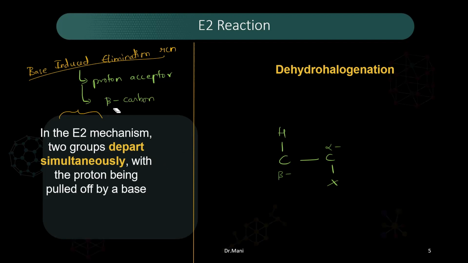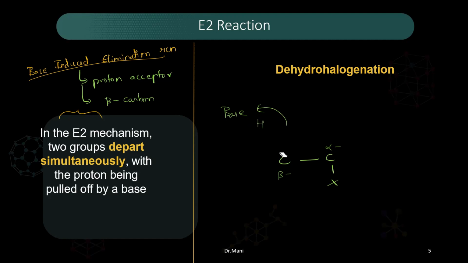So when it is targeting the beta carbon, when it is trying to break the bond between the carbon and hydrogen, it is trying to pull this proton. Okay. So the strong base will try to pull the hydrogen to it. So that's why the hydrogen will leave the carbon and it will go near to this base.